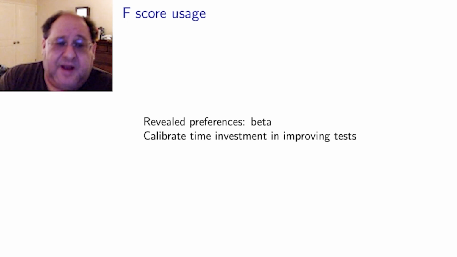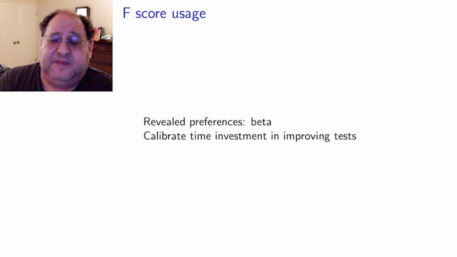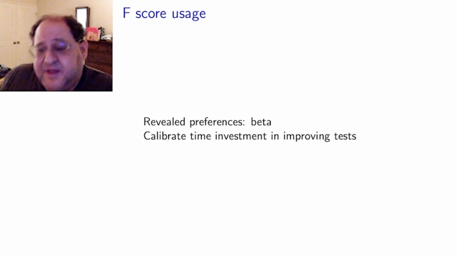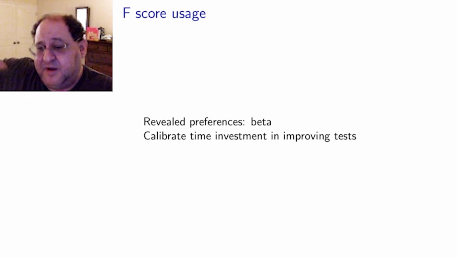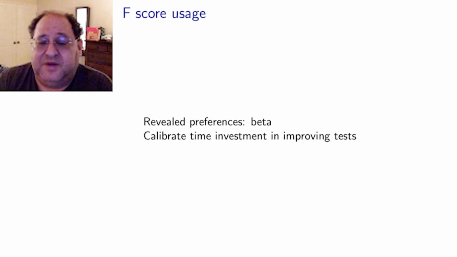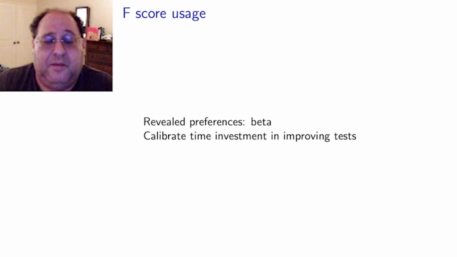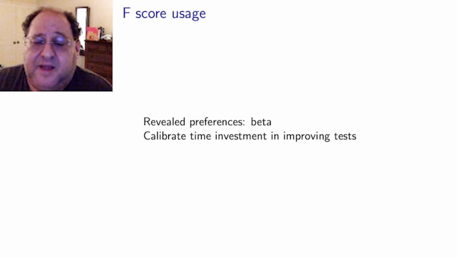It can also help you calibrate the time investment in improving tests. If your F-scores keep dropping, you know that you're not spending enough on tests. If your F-score climbs and stays reasonable, you know that you're probably doing a good job writing tests, and you don't need to focus on that. You might be overspending time on it if other metrics are going lower.